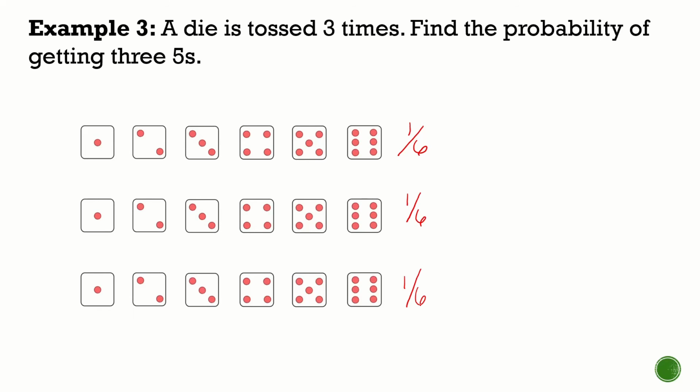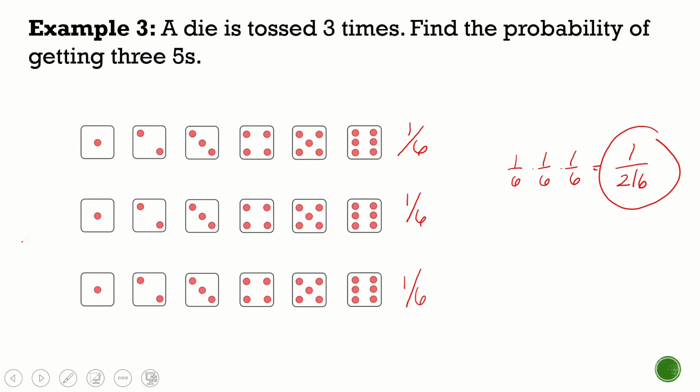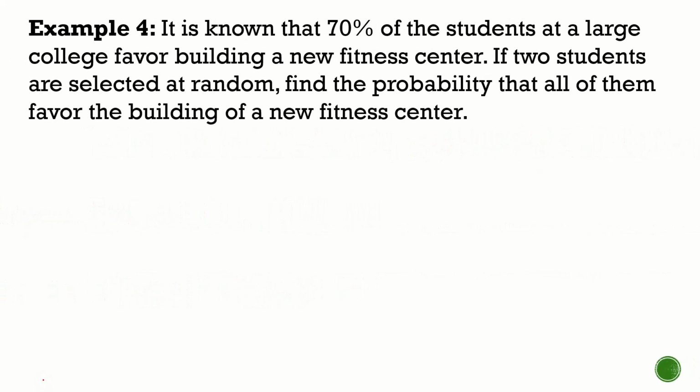So 1/6. So if you multiply those 3, that is 6 times 6 times 6, which is equal to 216. So 1/6 times 1/6 times 1/6 is equal to 1/216.